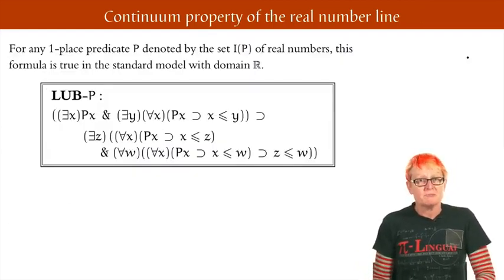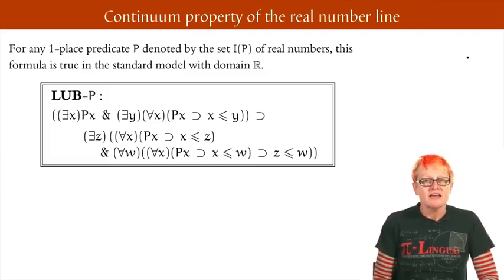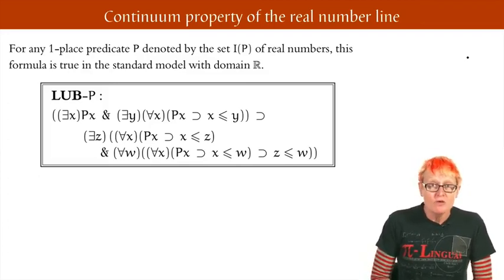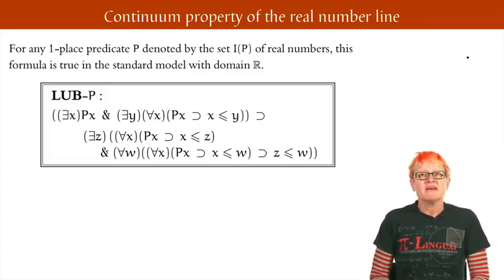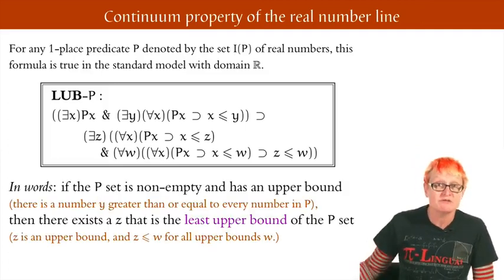For any one-place predicate P defining a set, the P set, of real numbers, the continuum property is expressed by the following formula, labelled LUBP, being true in the standard model of the real numbers.